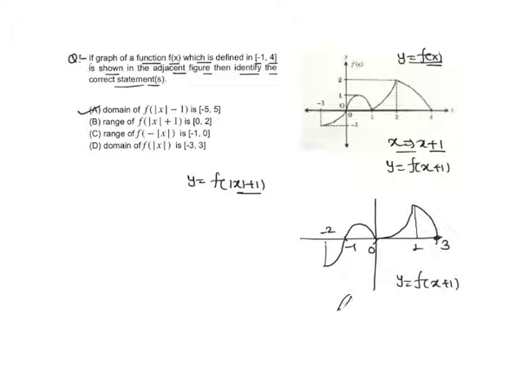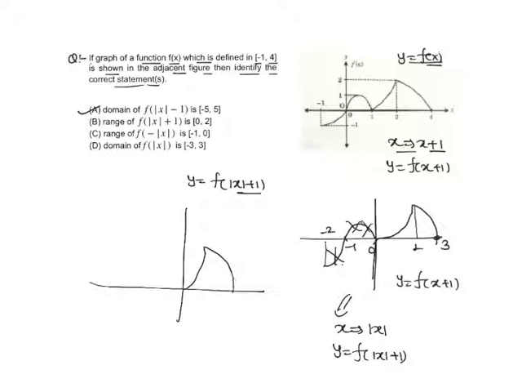Now in this one, if I replace x with |x|, we'll get y equals f(|x| + 1). Now in this graph, if I replace x with |x|, what effect will come? We will remove the left hand side graph, and the right hand side will be as it is, we will keep, and on the left hand side we will draw the mirror image of the right hand side.